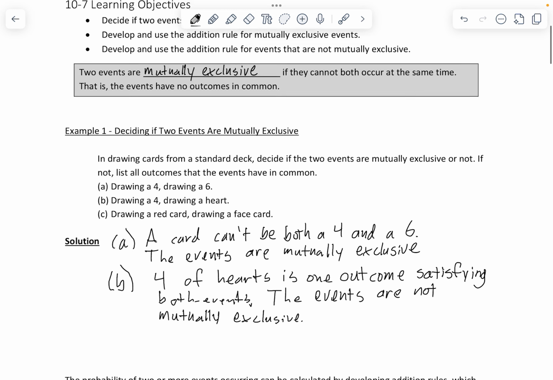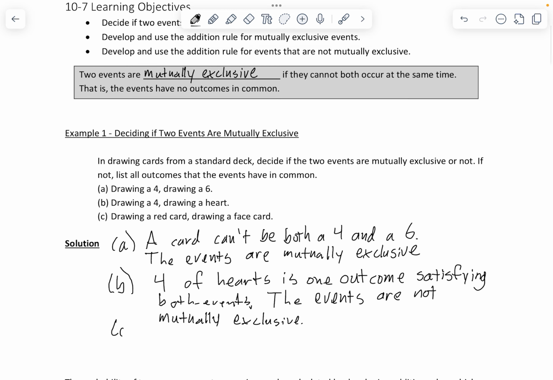How about part C, drawing a red card, drawing a face card. These are not mutually exclusive either, because there are several ways you could draw a card that is both a red card and a face card.